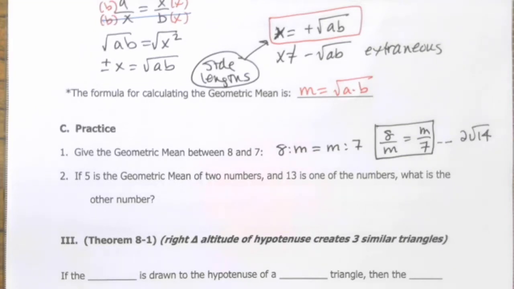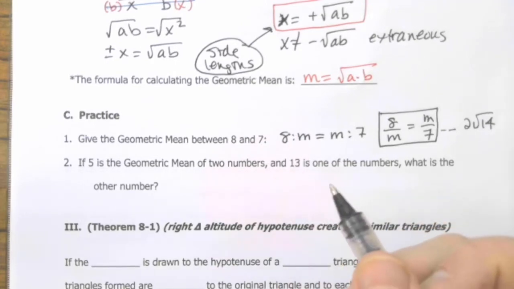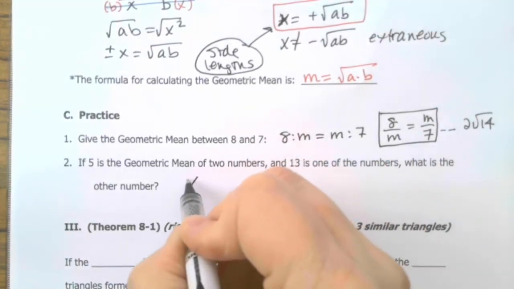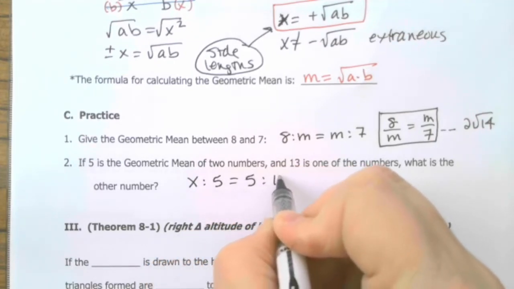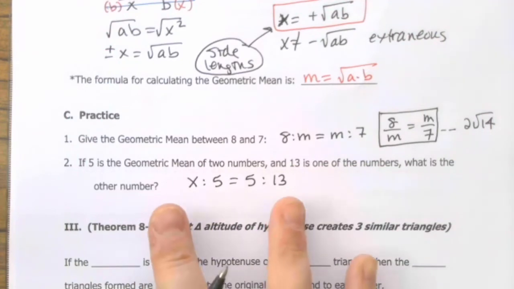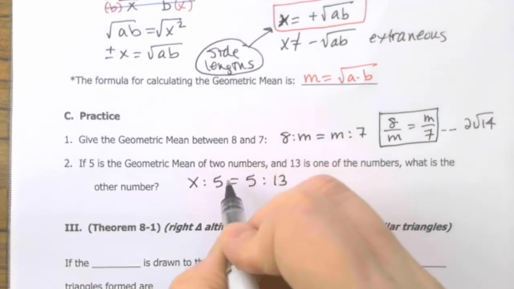Let's do number 2. If 5 is the geometric mean of two numbers and 13 is one of the numbers, what is the other number? Okay, so means are in the middle. So I have an unknown number with 5 as the mean in the middle, and I have 13 as the other number. So your extremes are x and 13. Means are in the middle.